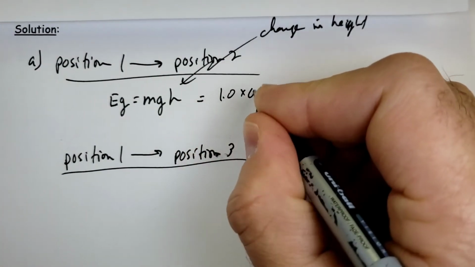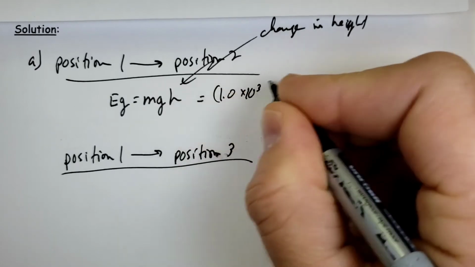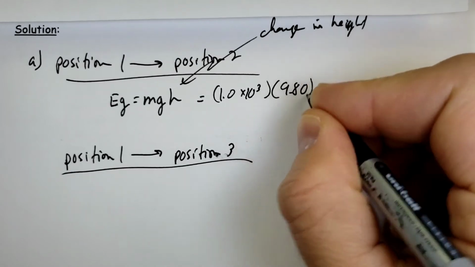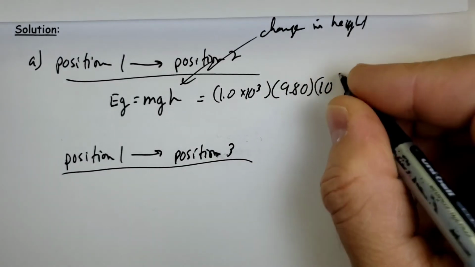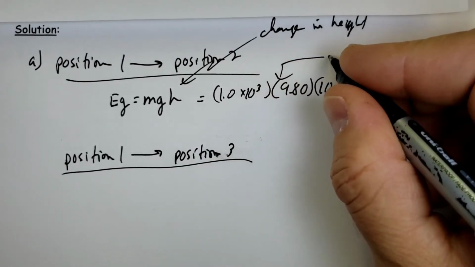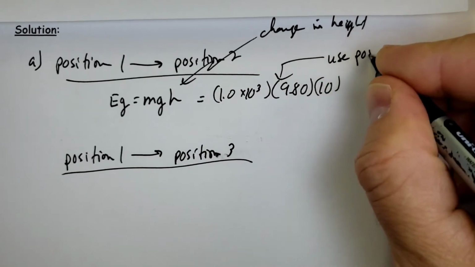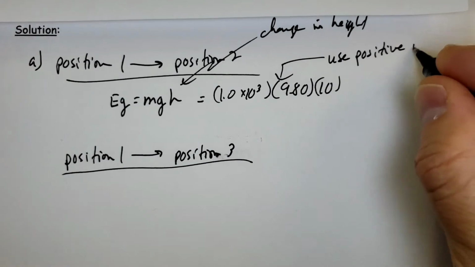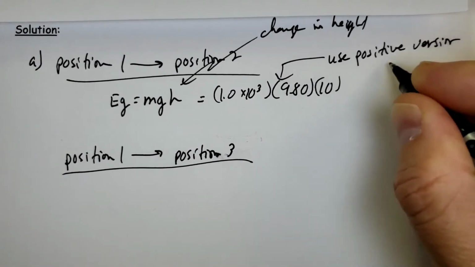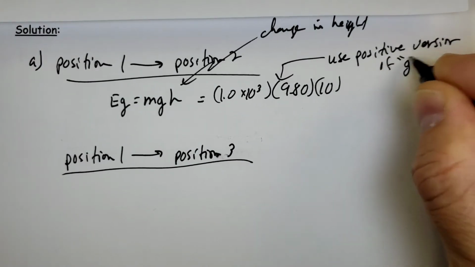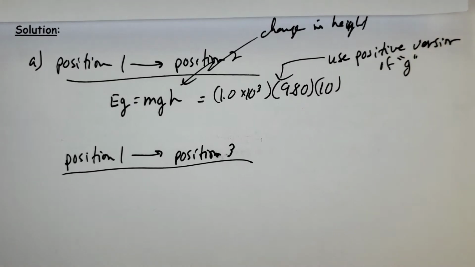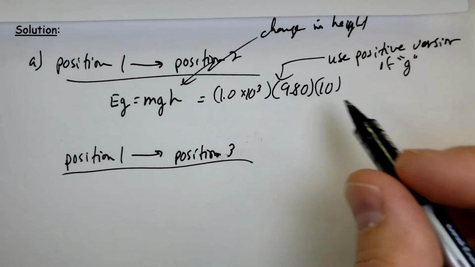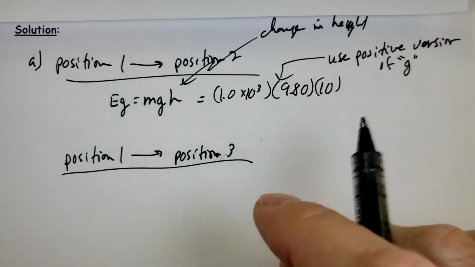So this was 1,000 kgs. And again here, use the positive version of g. So since we're lifting up against g, assuming constant velocity, we're using the positive version because we're lifting up, just like I said before.